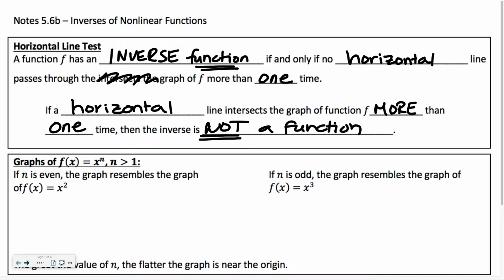You can still have an inverse. It's just that your inverse itself won't pass the vertical line test. It's not a function.